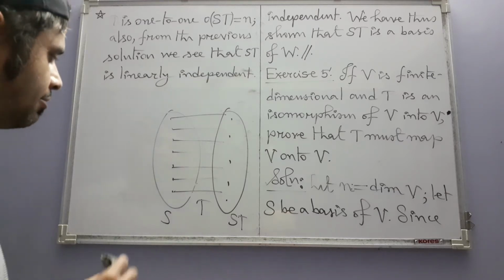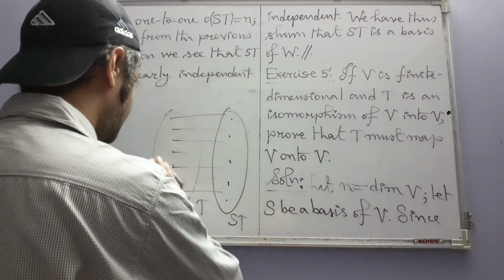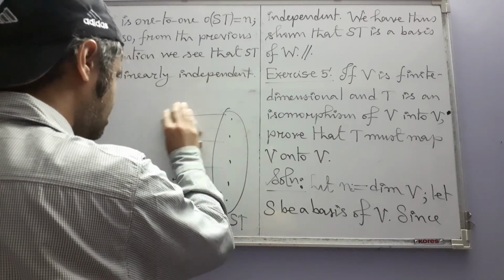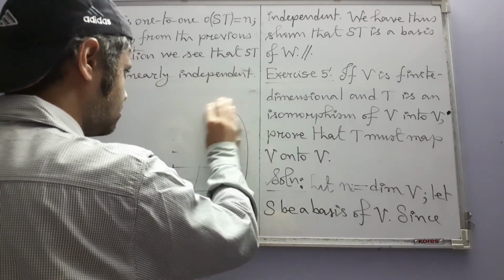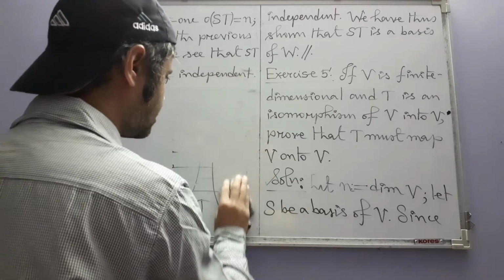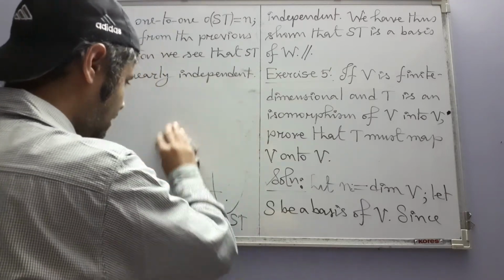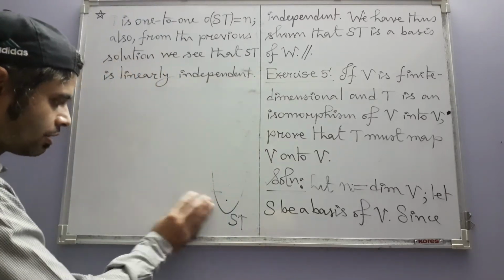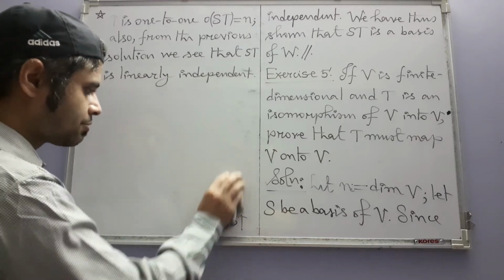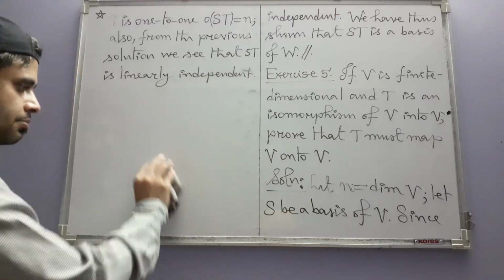So now our ST has n elements and it is linearly independent. Now when you have a linearly independent set in a vector space, we have already seen that you can put some extra necessary vectors if they become necessary in order to get a basis for the space.